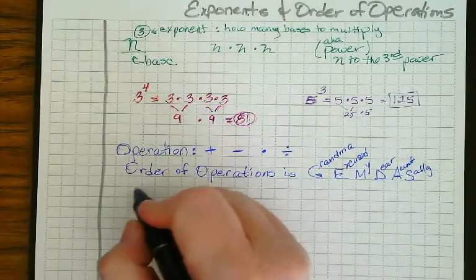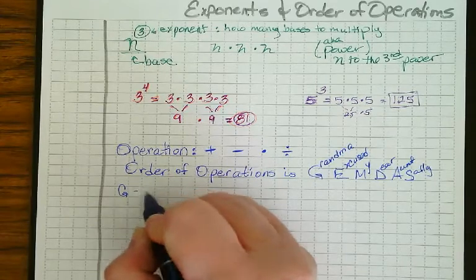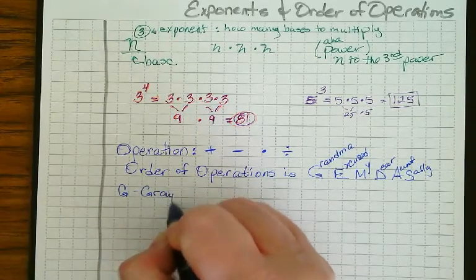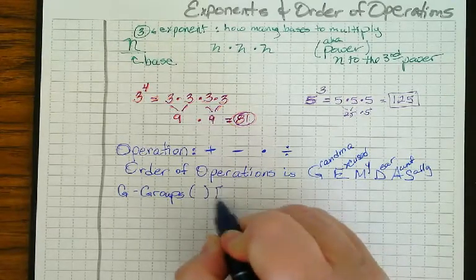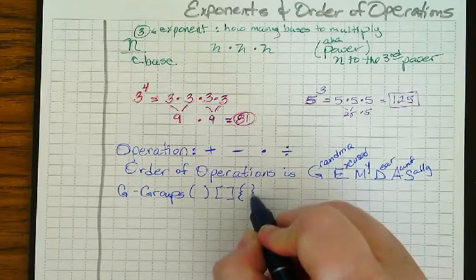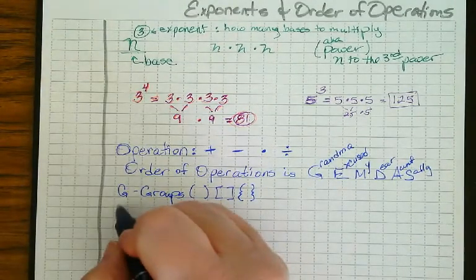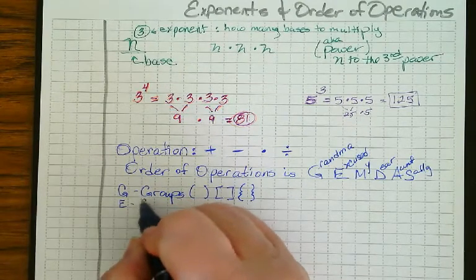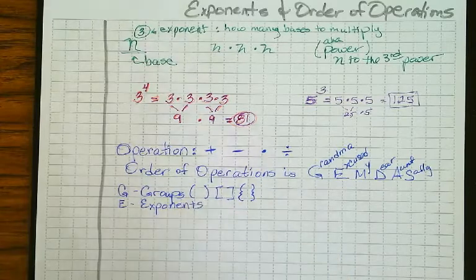Okay? The G stands for groups. So that means anything in parentheses, anything in brackets, anything in ellipses, anything that's grouped together. You do those first every time. E is what we just covered. Exponents. We do those next.